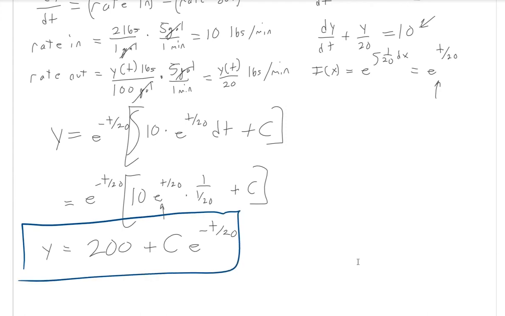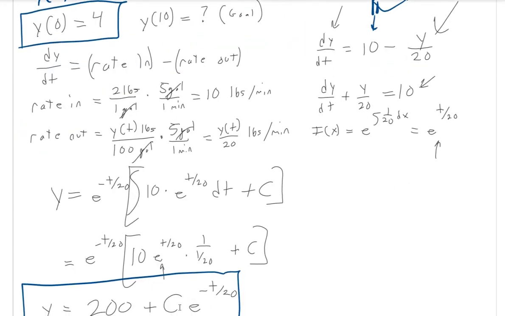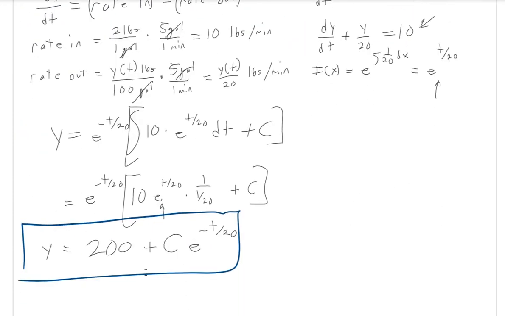However, that's not it, because we want to find the amount of salt in the tank after 10 minutes, and we know the initial value problem y(0) equals 4. So if we want to find y(10), we need to find the arbitrary constant using our initial value.